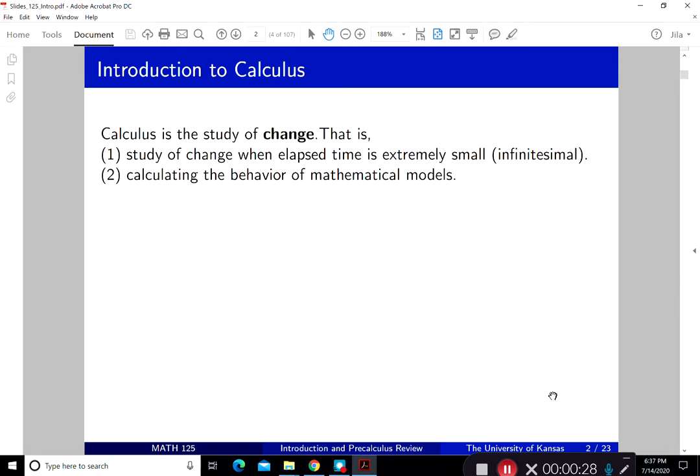And then what we are trying to do in this course is to be able to calculate the behavior of mathematical models. And so we will introduce you to some mathematical models.